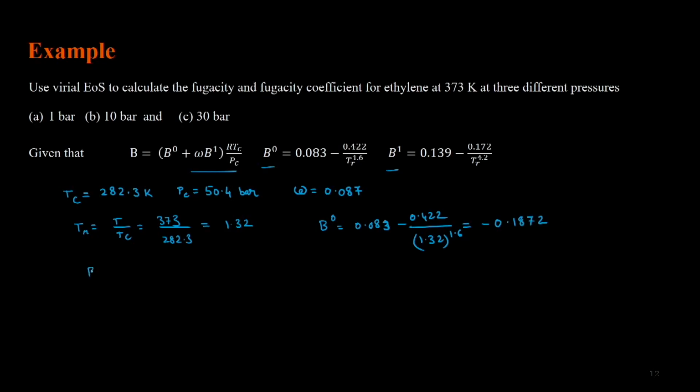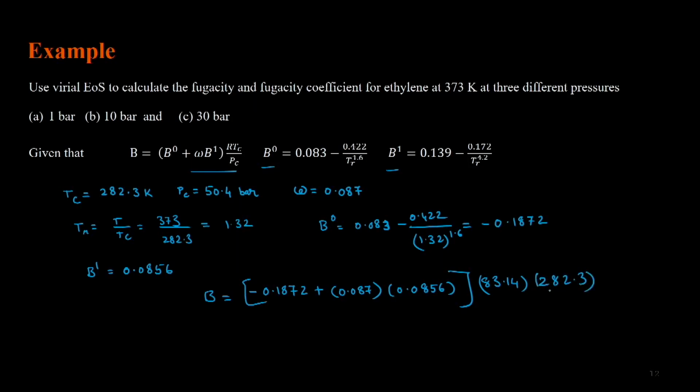negative 0.1872. Similarly, B1 is going to be 0.0856. And once I have B0 and B1, I can calculate B. It will be negative 0.1872 for B0 plus the acentric factor 0.087 times B1, which is 0.0856, times R, which is 83.14 bar cc per mole per Kelvin, times Tc, 282.3 Kelvin, over Pc, which is 50.4 bar.